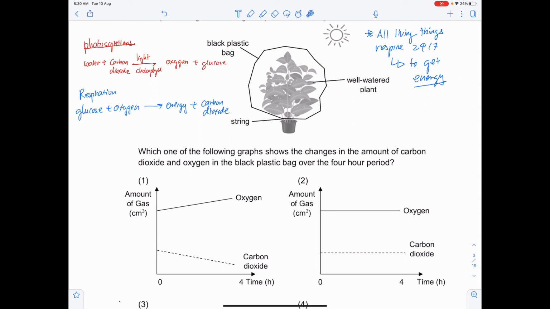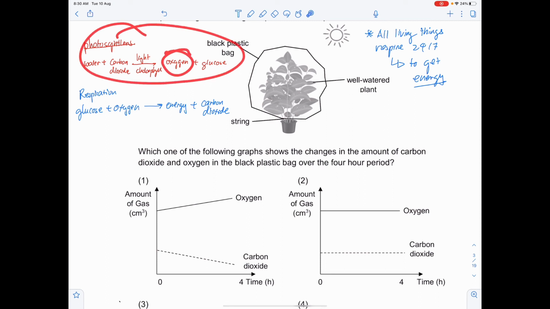So under bright sunlight, what happens is that the rate of oxygen production through photosynthesis is higher than the rate of oxygen intake required for respiration. So when a plant has finished photosynthesis, it will use some of this oxygen for respiration.